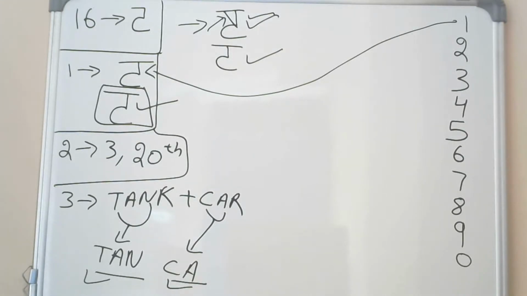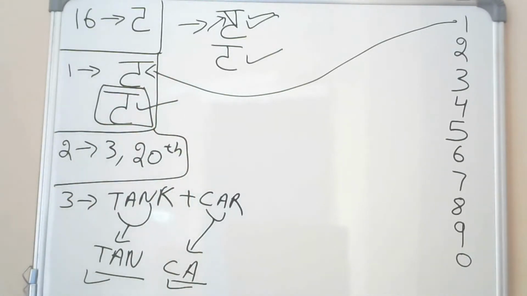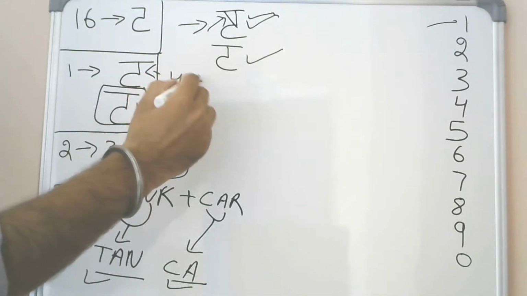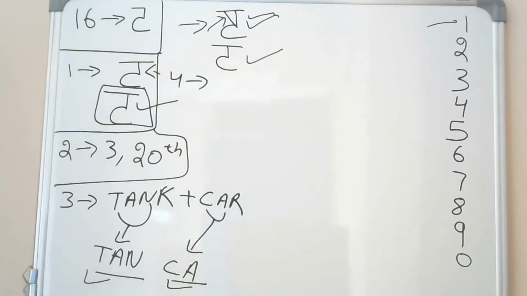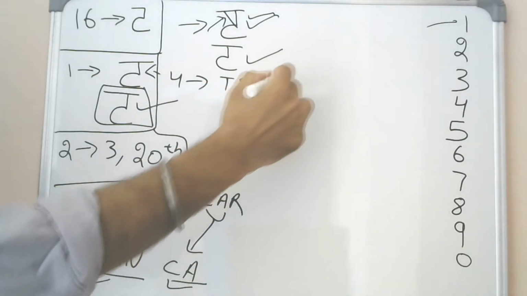Fourth step, sound of the letter. The sound of the letter will be t. If I have to write it, it will be something like that. We have this word, term.